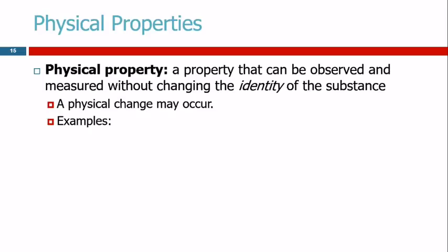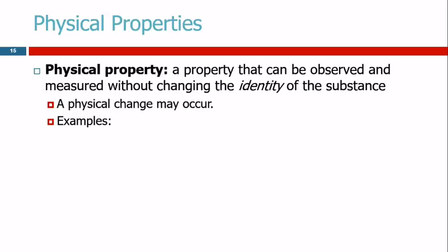Let's see. This looks like an abandoned piece of paper. So here I have a piece of graph paper. What type of properties could we use to describe this? Dimensions.